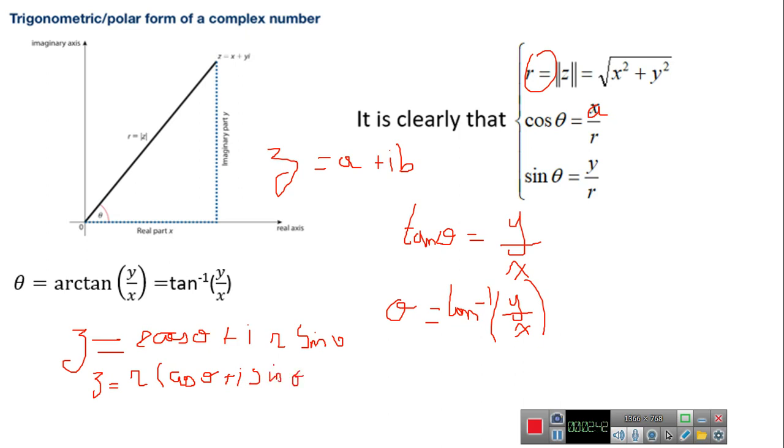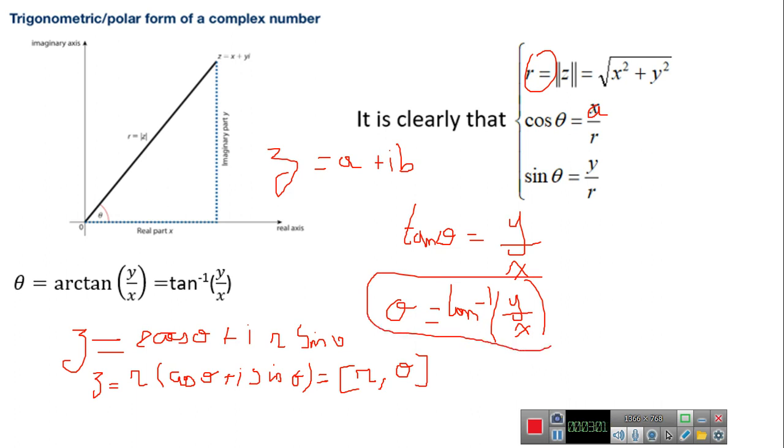So instead of having x and y, a plus ib is called rectangular form. You can write it in terms of r and theta, where r is called the modulo and theta is called the argument of the complex number. How do we find theta?